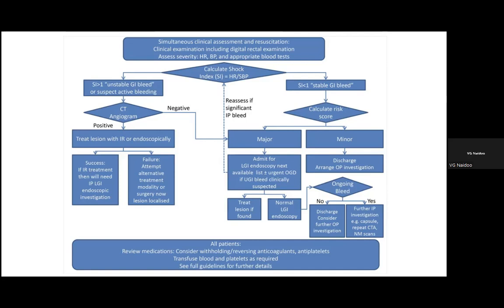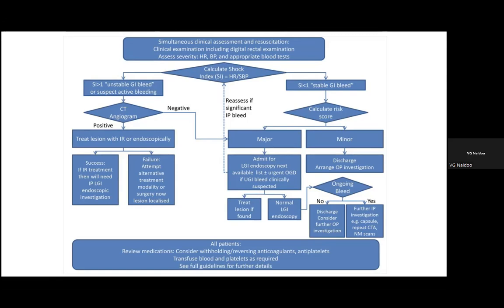I'm not going to send anyone home with a low SBP who just came in with an upper GI bleed. So yes, there is this decision about whether you can send someone home and ask them to return. But in most situations, you don't really need a scoring system to say he's going to be hospitalized and he needs an early scope.